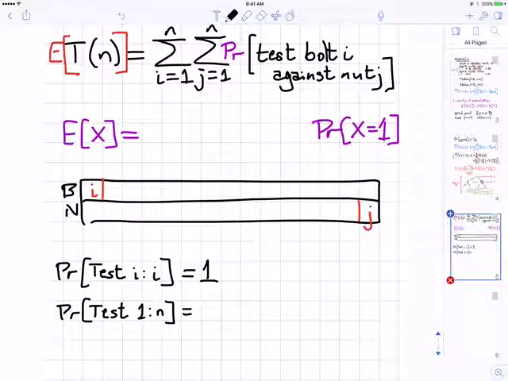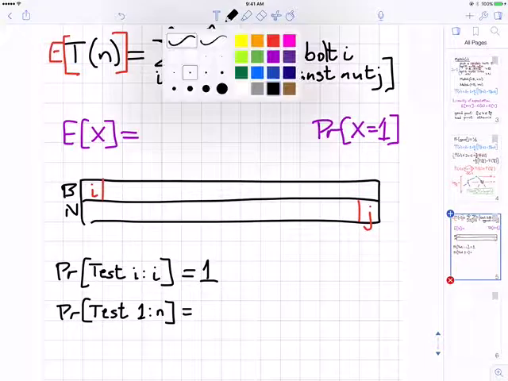There was a suggestion the answer is 1 over n. Why would you say 1 over n? Or does somebody have another hypothesis? 2 over n. Why 2 over n? Because you only do the comparison if you pick the smallest bolt or the largest bolt as the first one.